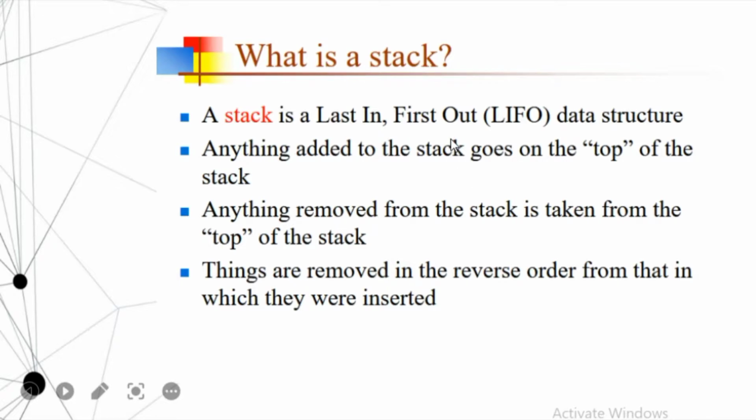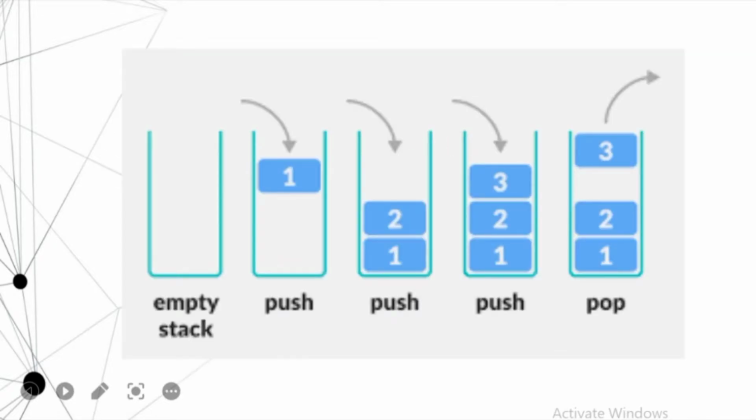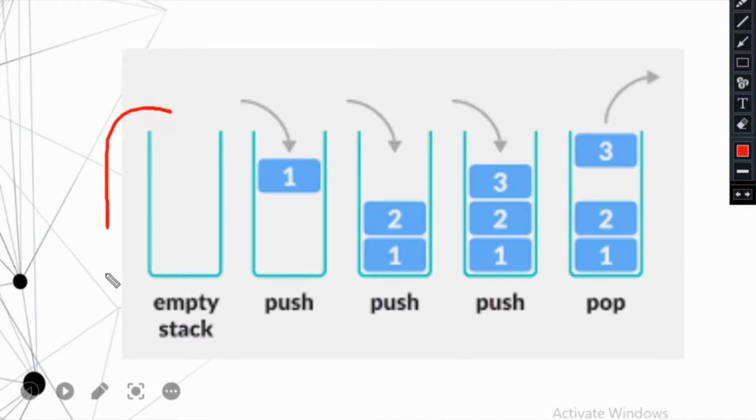So let me just demonstrate it via a slide. Think of a stack like a simple container which is used to store some data. We are just inserting data 1, then 2, then 3. By the knowledge gained from the previous slide, we can easily say that the latest data we inserted into the stack will be popped out first. So it happens actually the same.